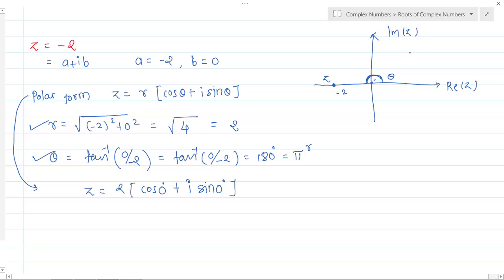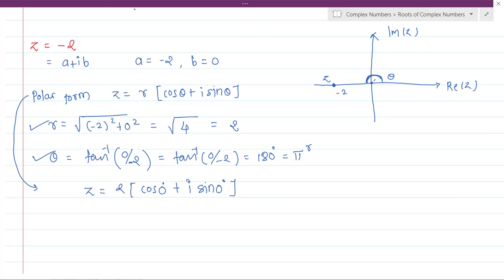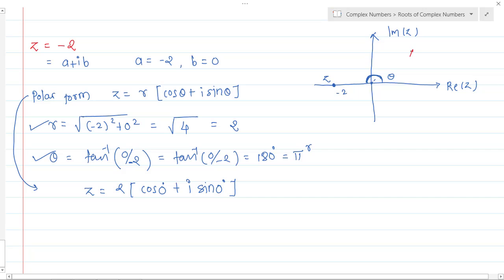So just remember at this moment that all the trigonometric functions are positive in the first quadrant. How many trigonometric functions do we have? Total 6: sine, cos, tan, cosec, sec and cot. So all are positive here in the first quadrant.